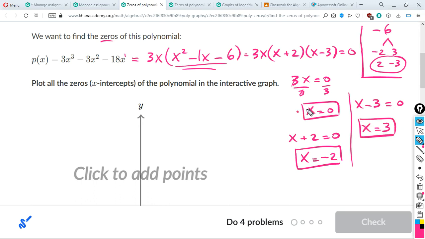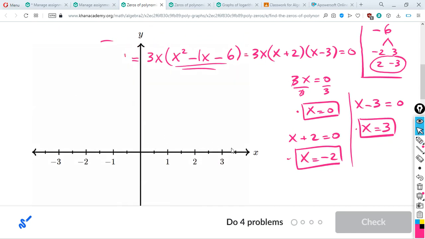So we're plotting 0, 3, and negative 2 on the graph. Okay? So you go to your x-axis like we did last time. X equals 0 is right there. X equals negative 2 is right here. And x equals 3 is right there.